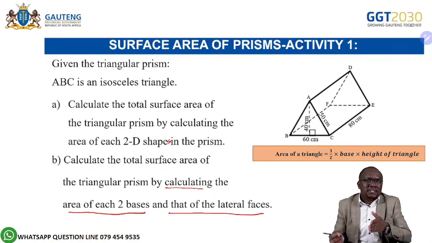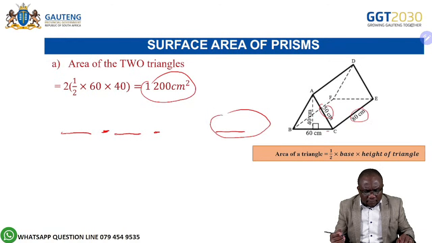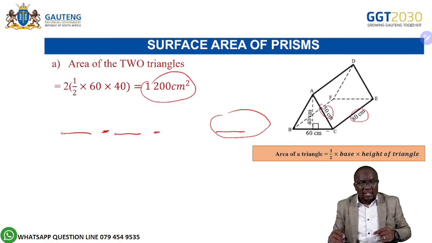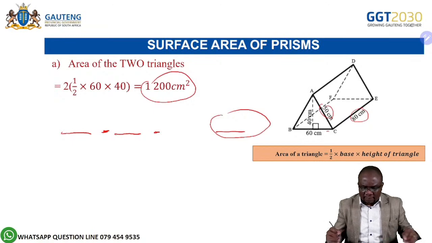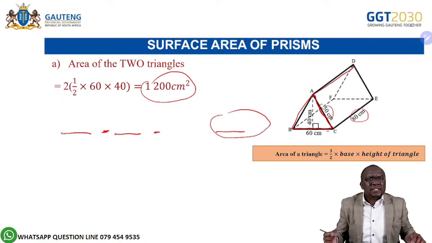We say the area of the triangles here, they're going to give us what? We have done that. It was 1,200, isn't it? The area of the two triangles. And then the lateral faces, it will be the perimeter of the base times the height of the prism. So the perimeter of the base will be this, and then times the height of the prism.